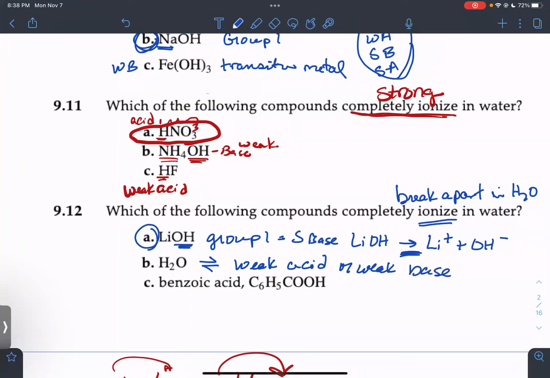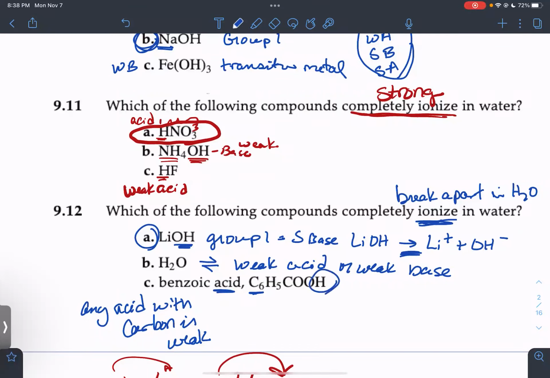But the question is, will it completely ionize in water? No. Okay, benzoic acid. Any acid with carbon is weak. So here, I'm told that it's an acid and it has carbon in it, weak.